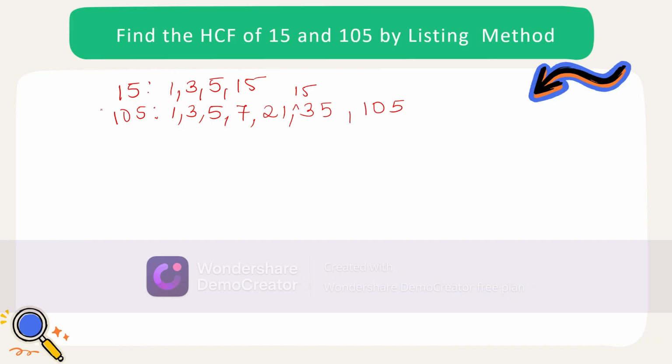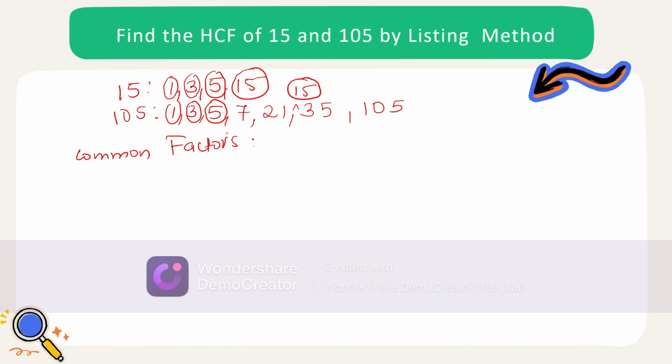Now let's highlight the common factors. 1 is common, 3 is common, then 5 is common, and then directly 15, because 15 sevens are 105.